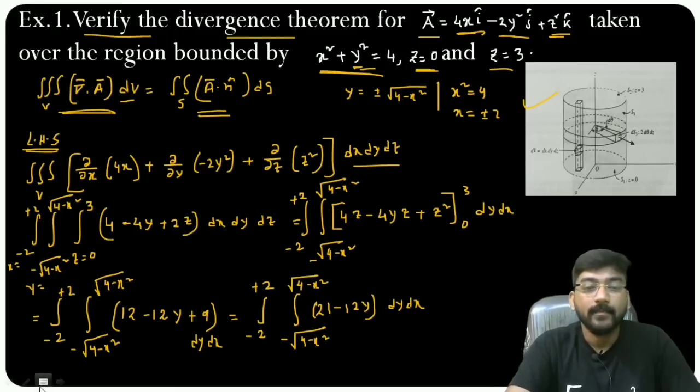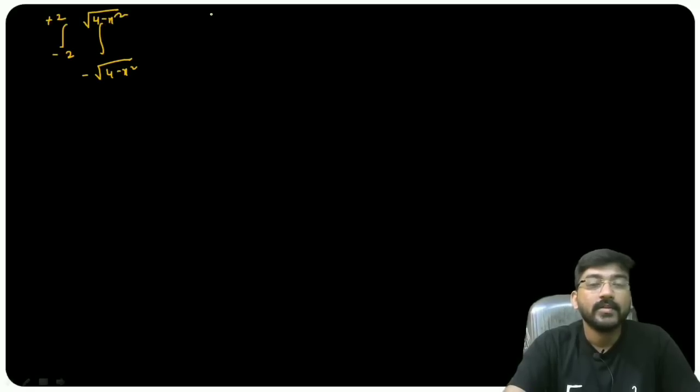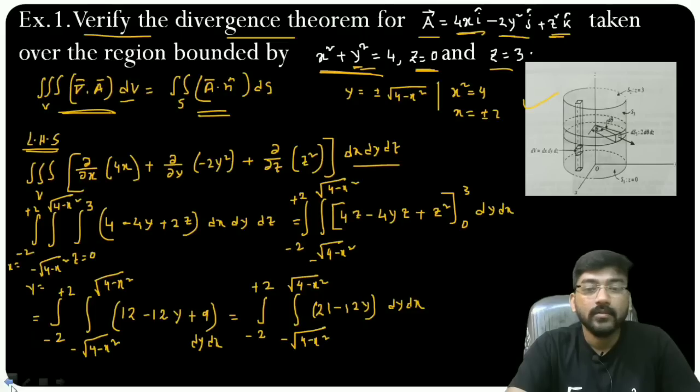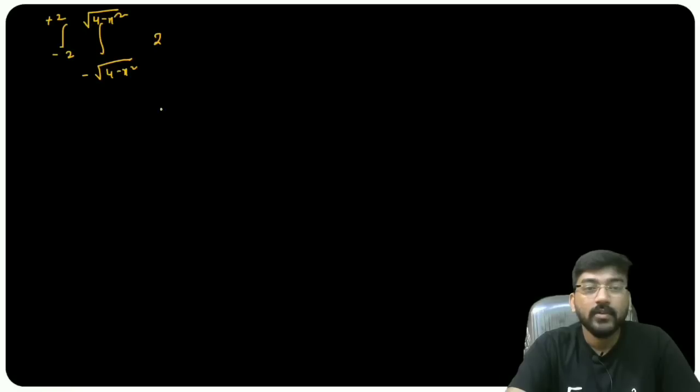So we have the integration from minus 2 to plus 2, integration from minus root over 4 minus x square to plus root over 4 minus x square of 21 minus 12y, dy dx.